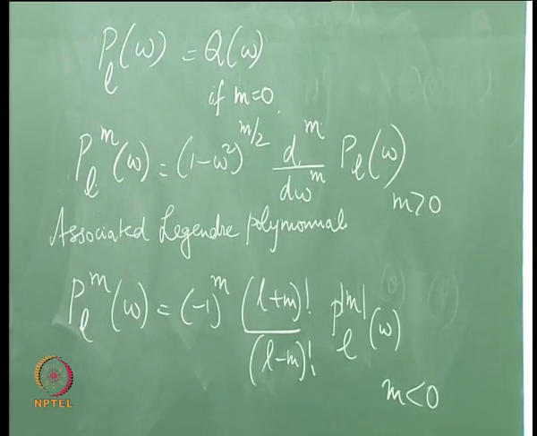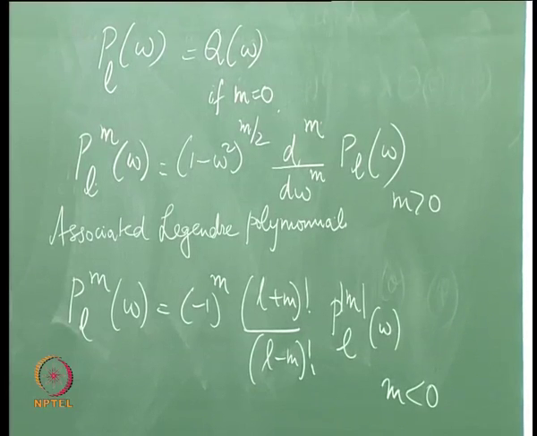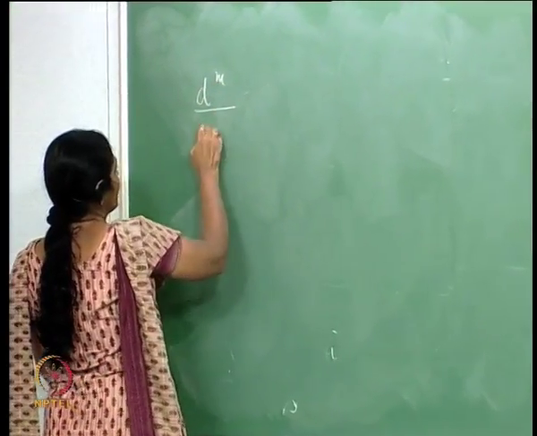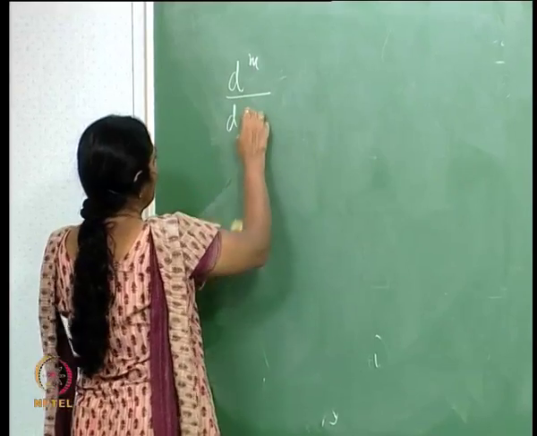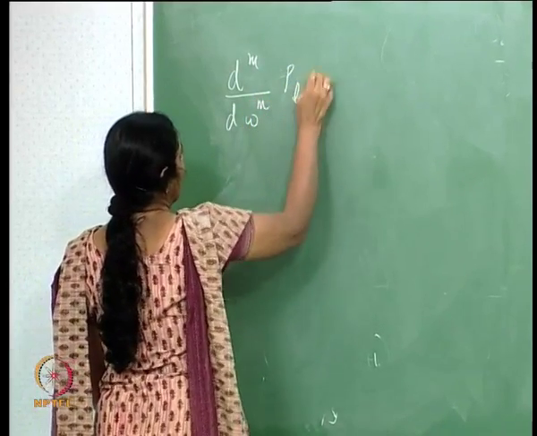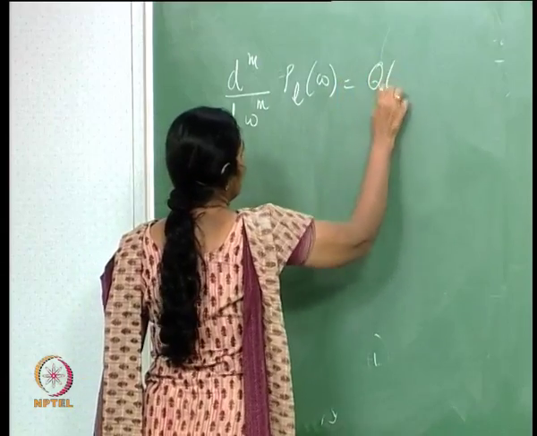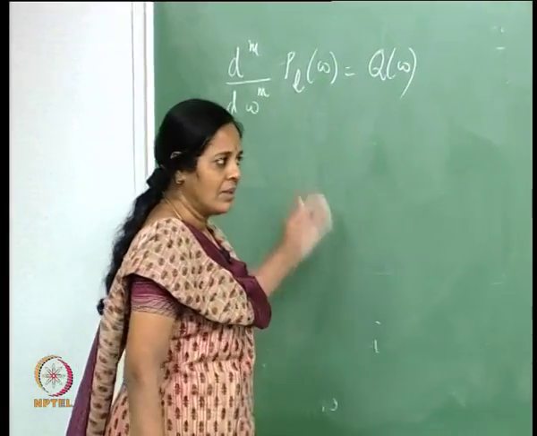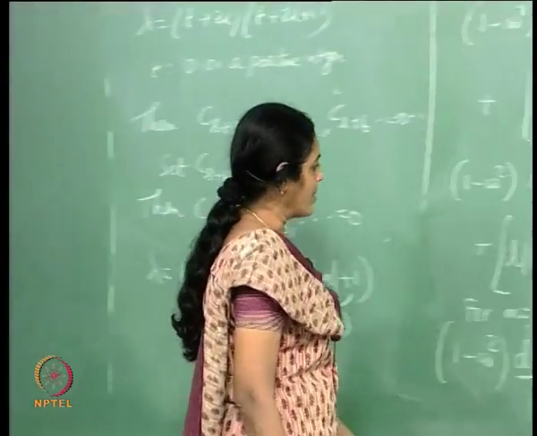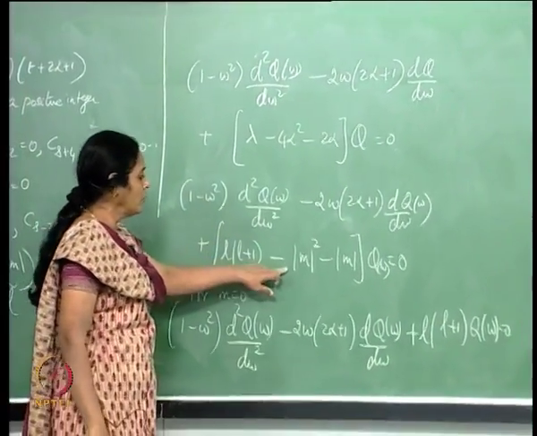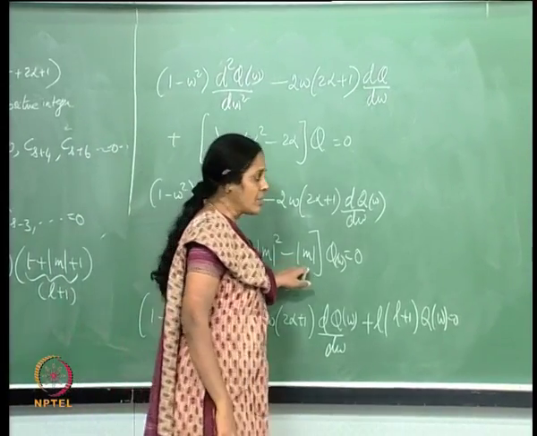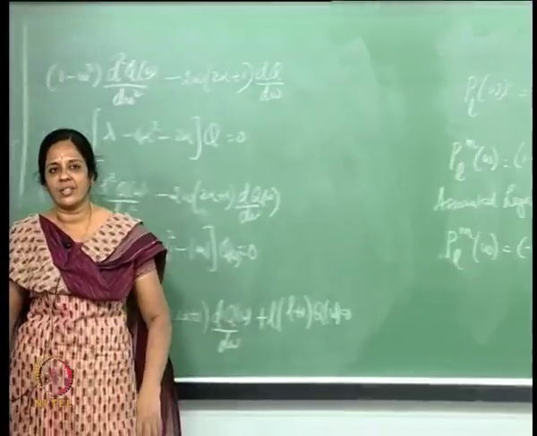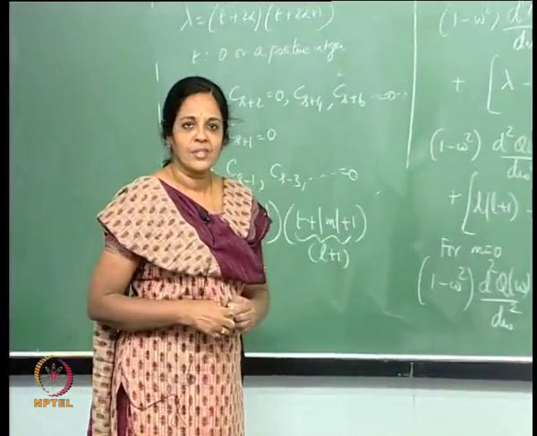Now if you identify your q of w in the following fashion, as the mth differential d to the m by dw to the m of PL of w, then you can check for yourself, and I leave it as an exercise, that the equation for q of w for m not 0 is precisely the equation satisfied by the associated Legendre polynomials.